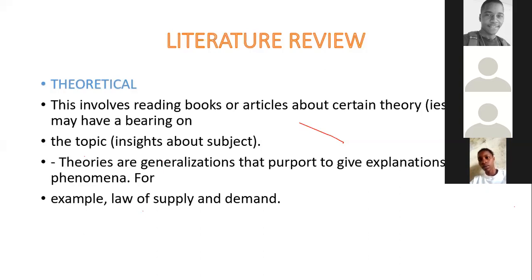For example, if I'm looking at the problem of abortion as a natural law crisis, my literature should be based on abortion and natural law crisis, meaning that I should dig deeper into other writings, major research studies that have been done by other scholars on abortion and natural law. At the end of the day, I'll need to bring in those concepts and theories that have been done and present them in this paper.